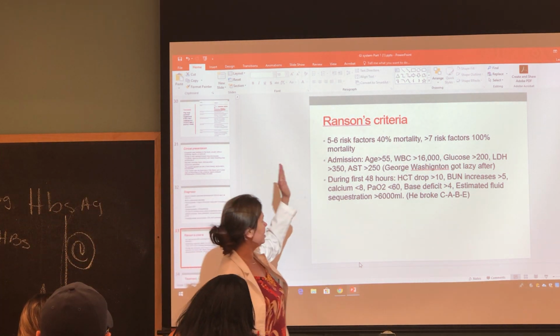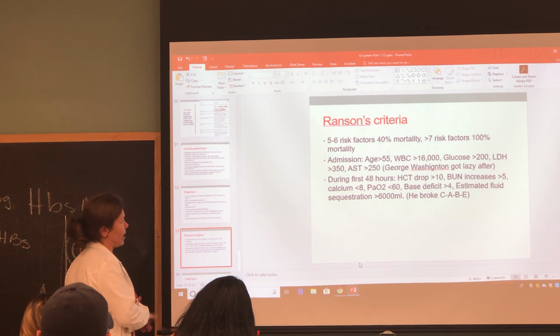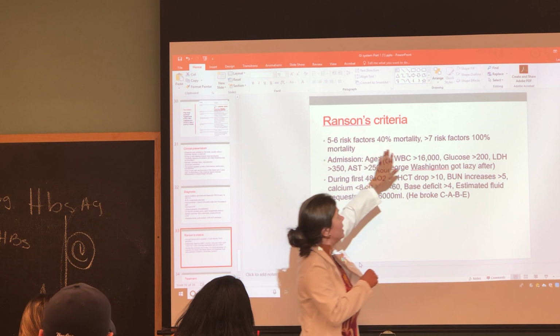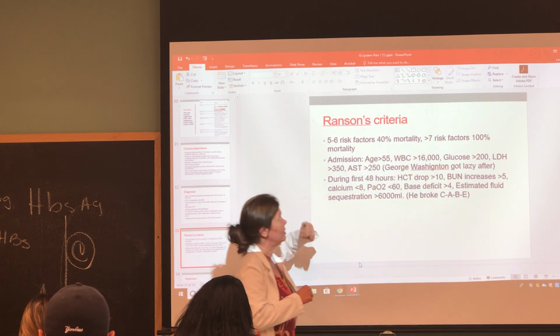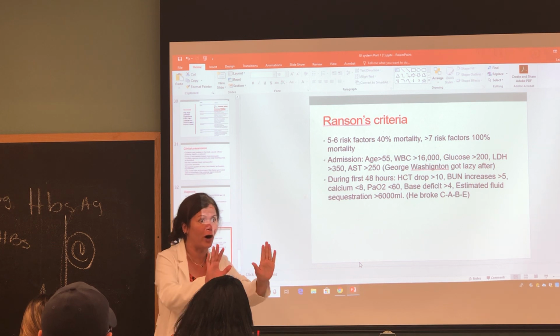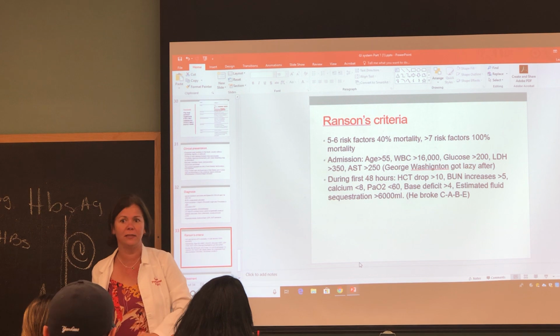So basically, what we look at in the patient is what's called the Ranson criteria. Depending on how many risk factors the patient has, the mortality will be higher. The only thing you have to know so far is that the Ranson criteria is a predictor of mortality.